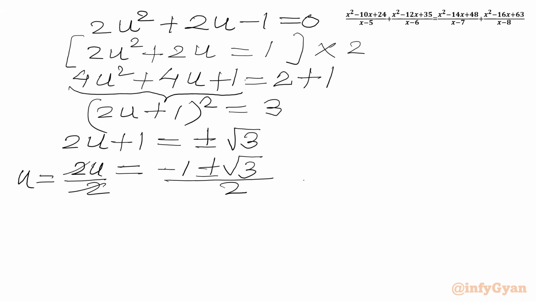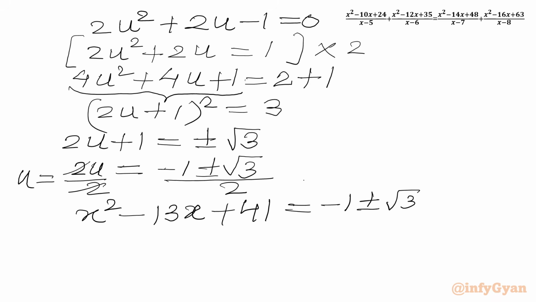x² - 13x + 41. So we will write x² - 13x + 41 equal to (-1 plus minus square root of 3) divided by 2. Again we are going to use the completing the square method. So I will subtract 41 first from both the sides. So plus and minus 41 will get cancelled out.